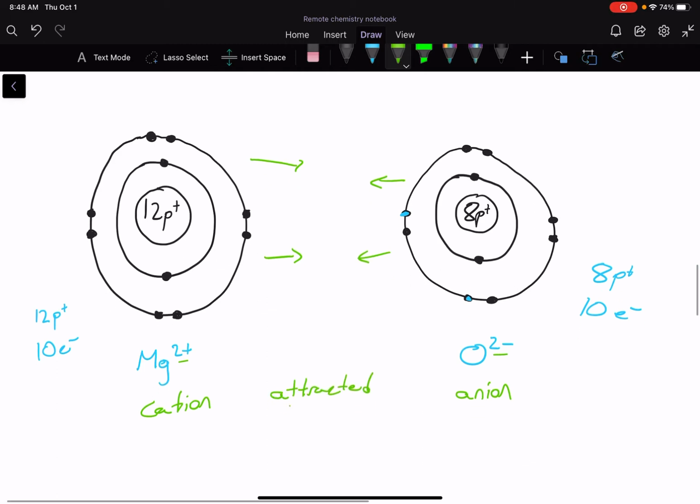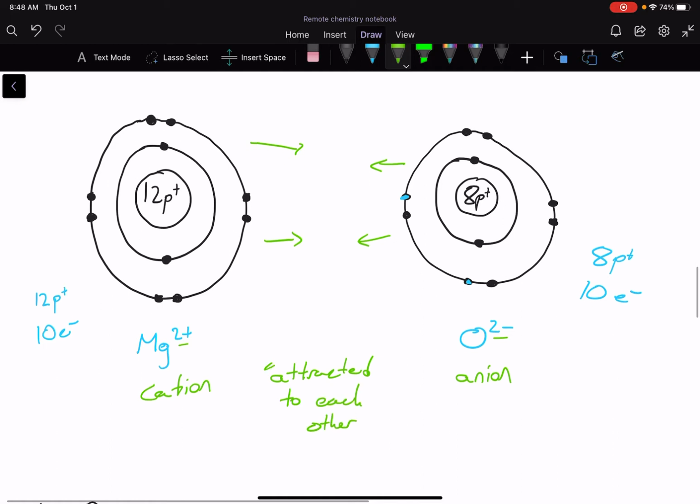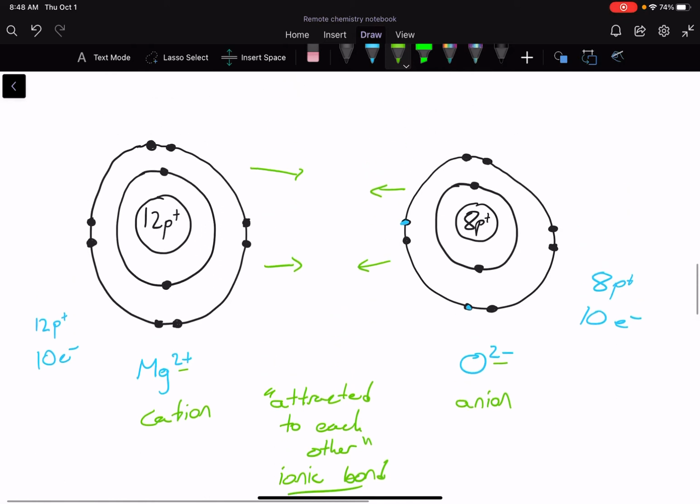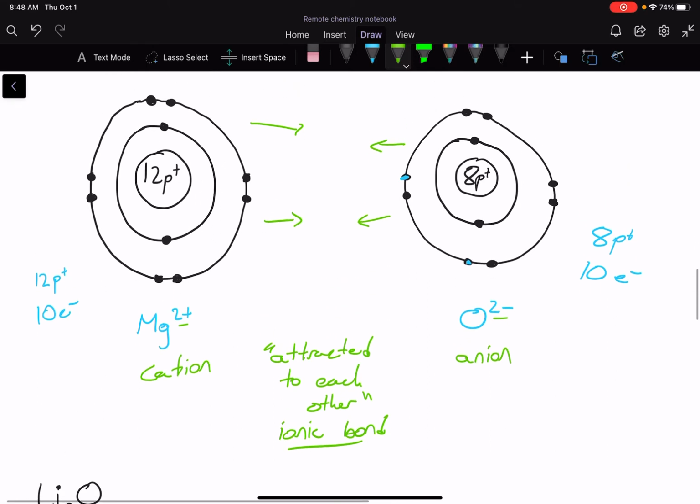We can say they are attracted. And so this is an ionic bond, because of those opposite charges.